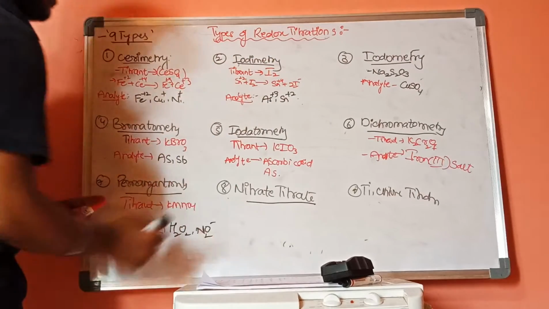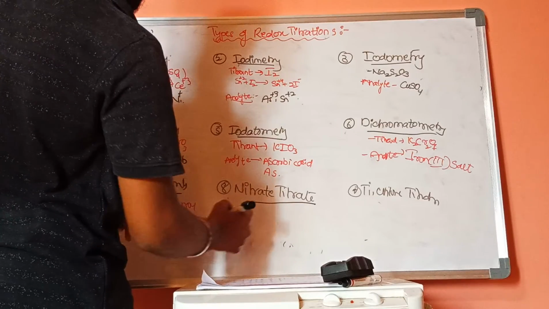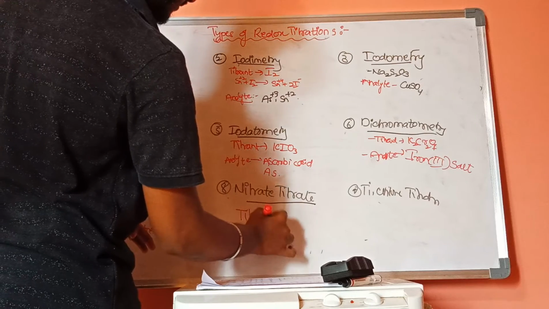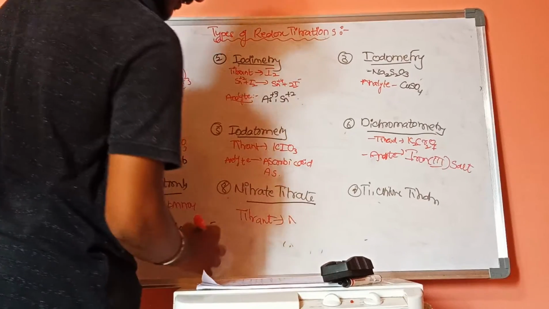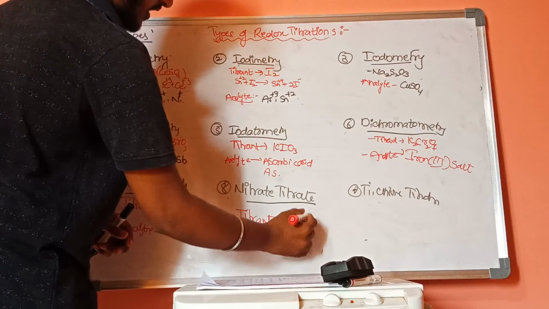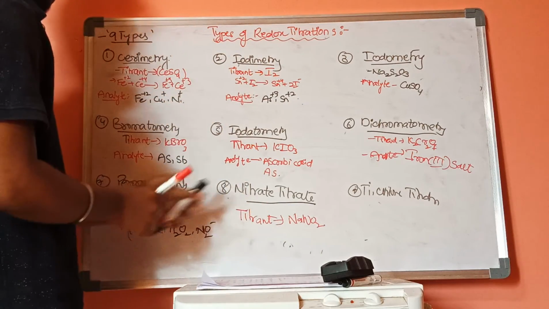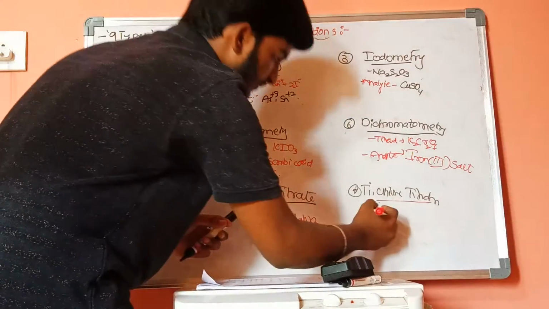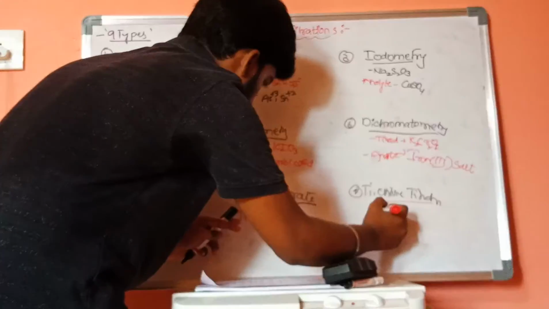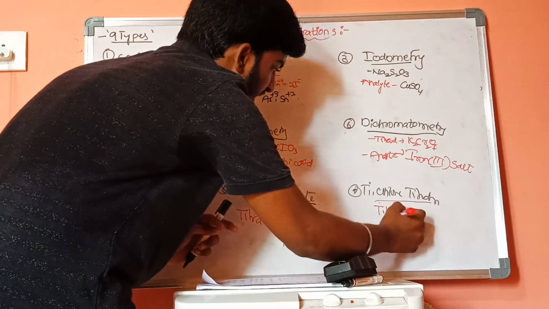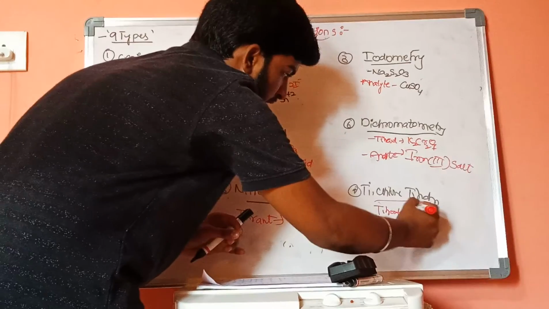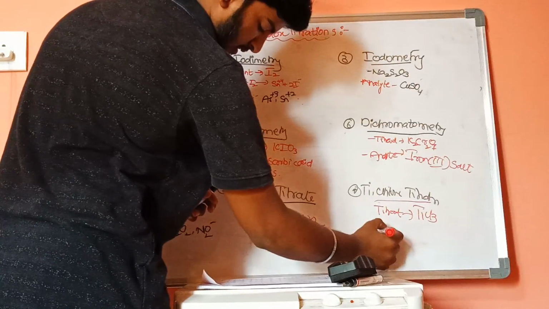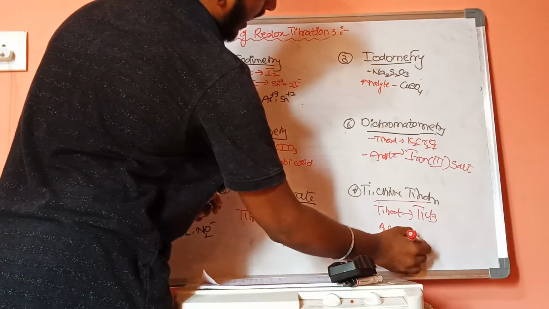In nitrite titration, the titrant is sodium nitrite. Coming to titanium chloride titration, the titrant is titanium chloride, TiCl3, and the analyte is iron(III) salt.